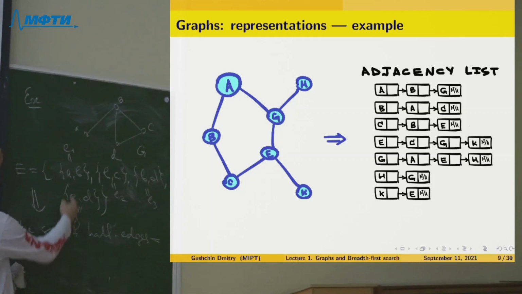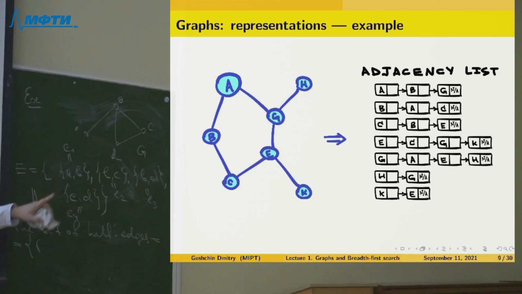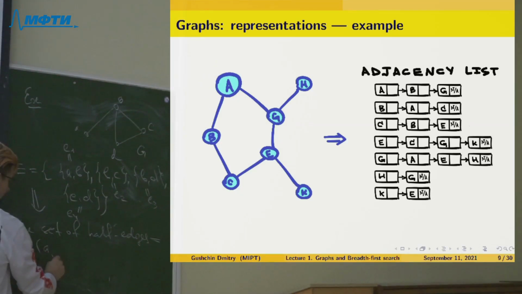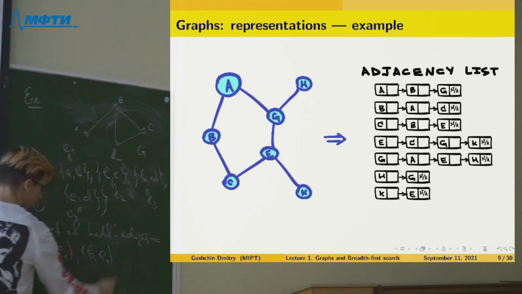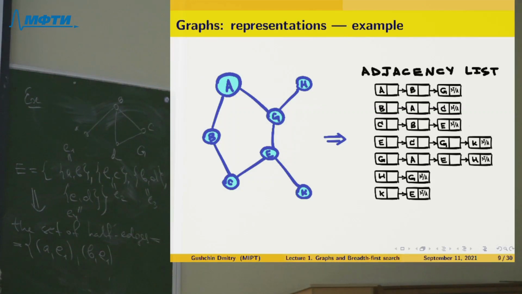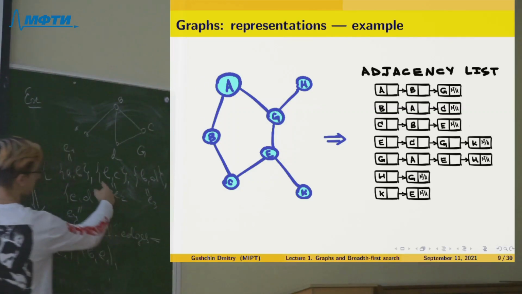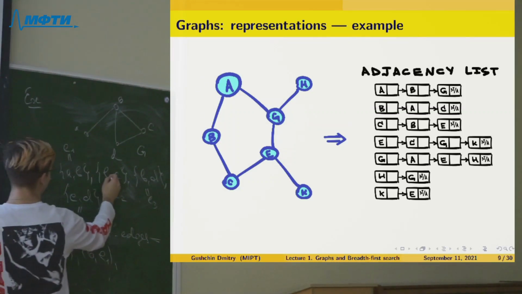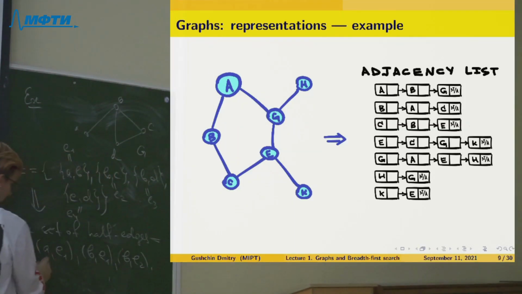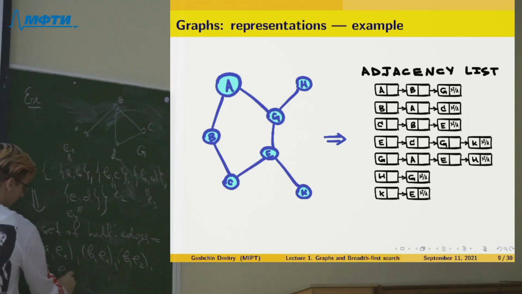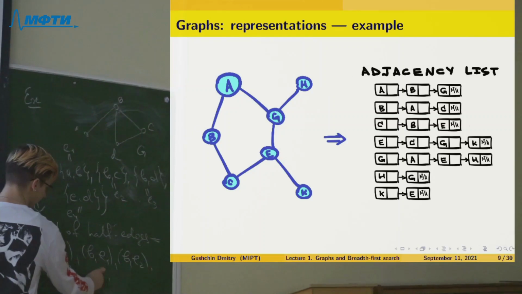And first edge divides into two half edges, A E1 and B E1. Okay? And second, B E2, C E2. And etc. Okay?